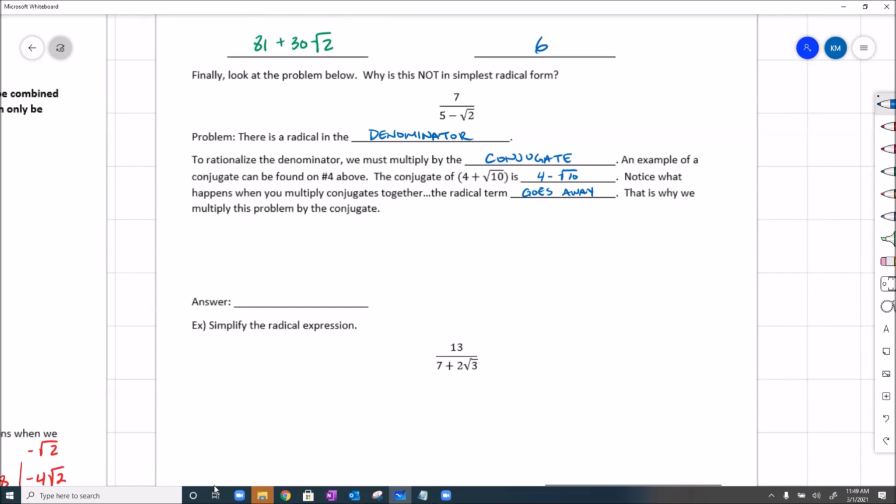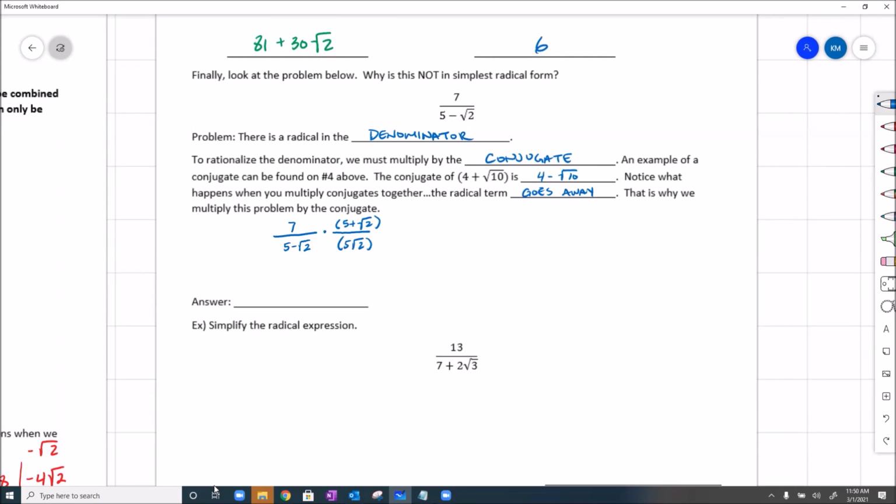So as we look at this problem, we have 7 over 5 minus radical 2. To put this in simplest radical form, we'd say, hey, let's do fancy 1. But instead of just using radical 2, because this is a binomial on the bottom, we have to choose to do fancy 1 with its conjugate, which in this case would be 5 plus radical 2.